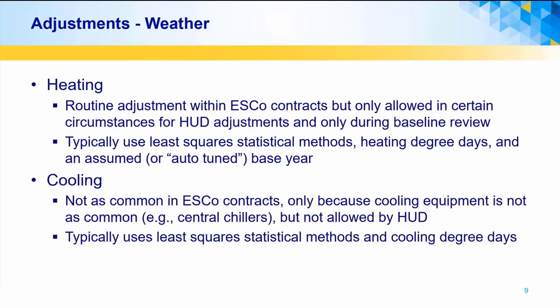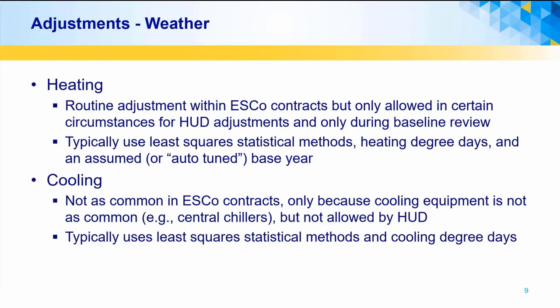Weather is always an issue in energy projects. Adjustments are possible for heating or cooling, but in housing projects, heating adjustments are more common. If not adjusted for temperature, consumption savings appear to reduce on cold days and increase on warm days.